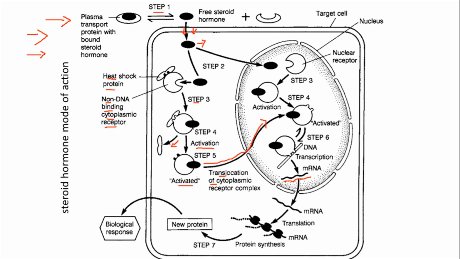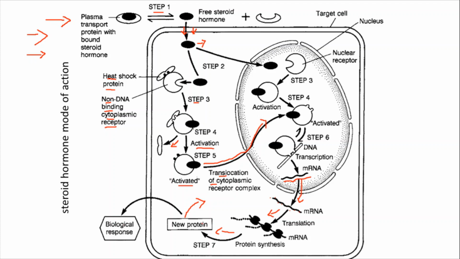Once the mRNA is produced, it is exported from the nucleus to the cytoplasm. It gets modified. After modification, it is involved in the translation process and finally produces the new form of protein. This protein's action may be on the cell or within the cell.